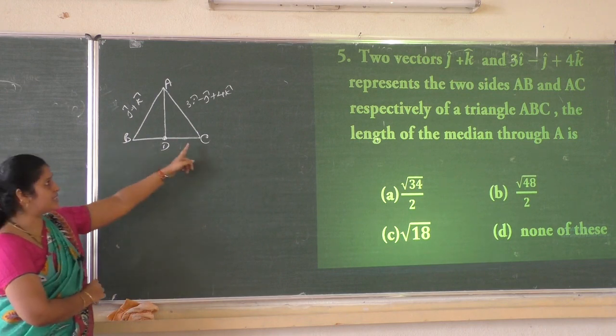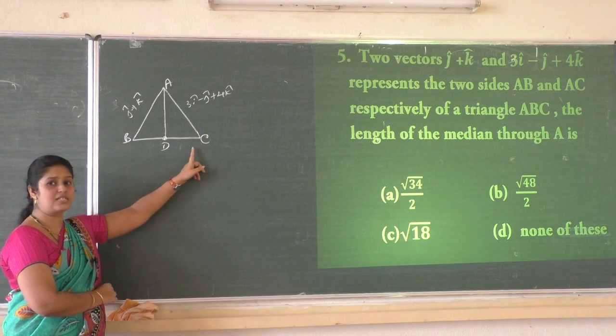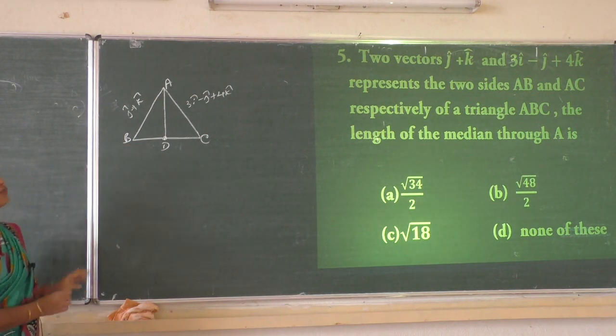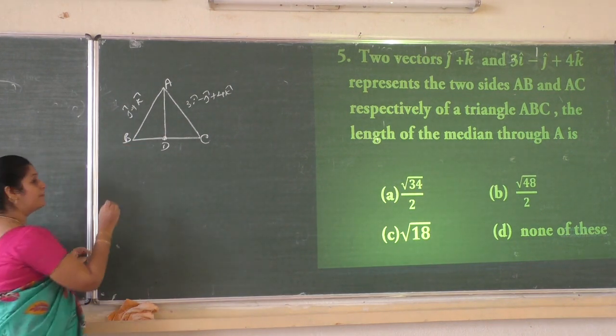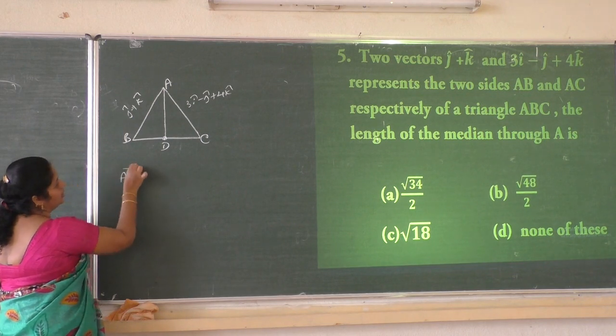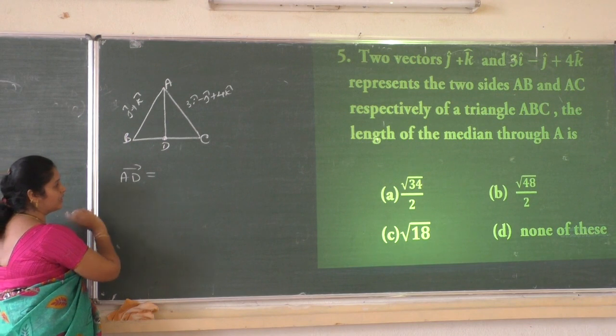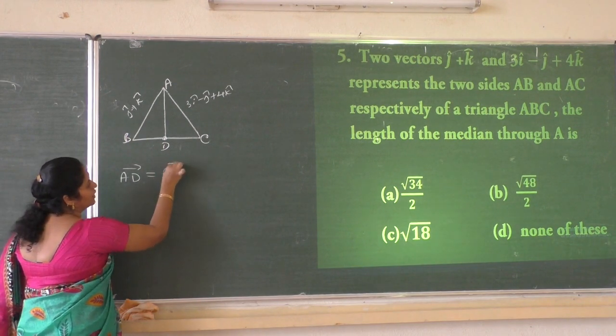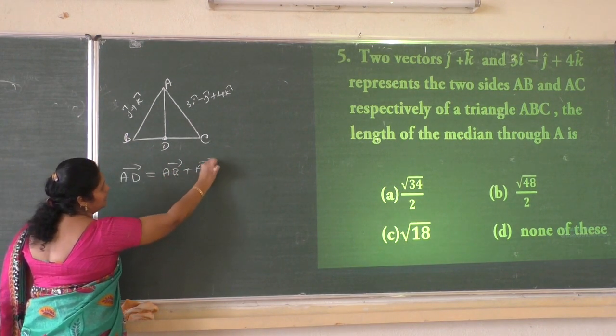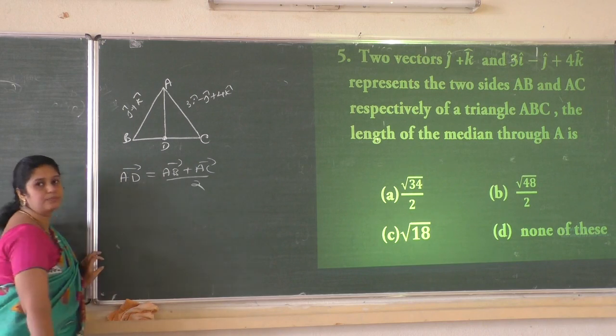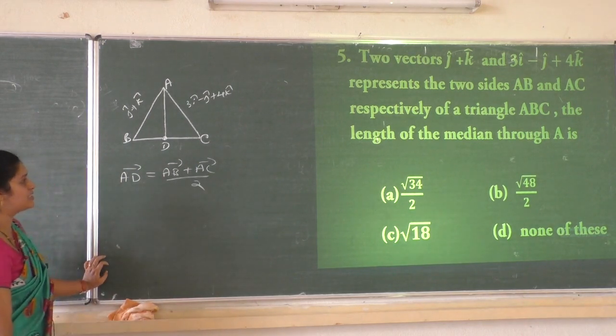When these two sides AB and AC are given, the formula to find the vector through this median is vector AD equal to vector AB plus vector AC by 2.